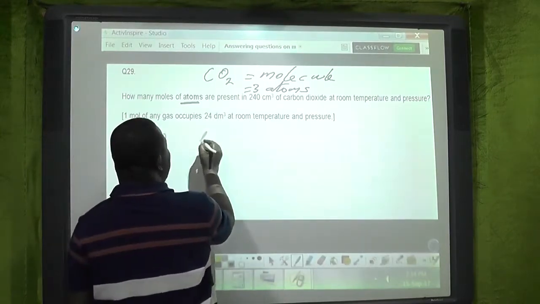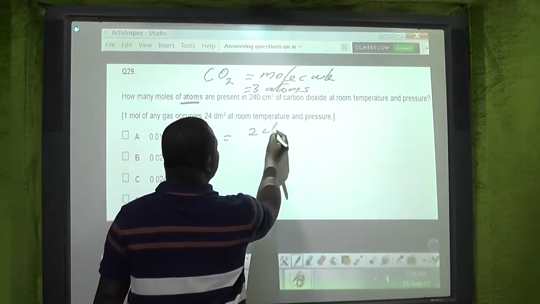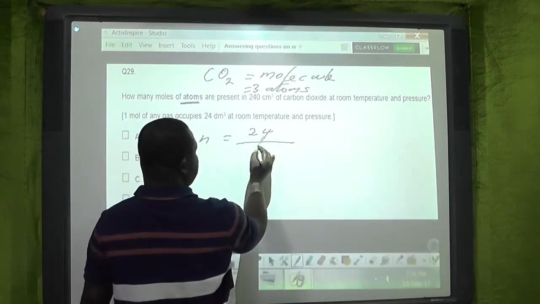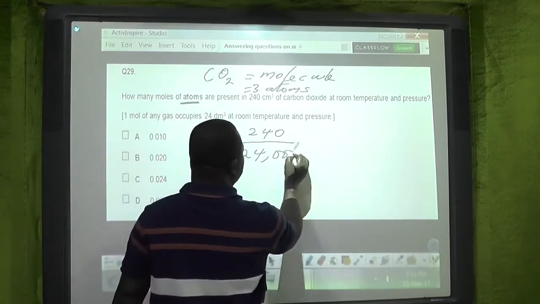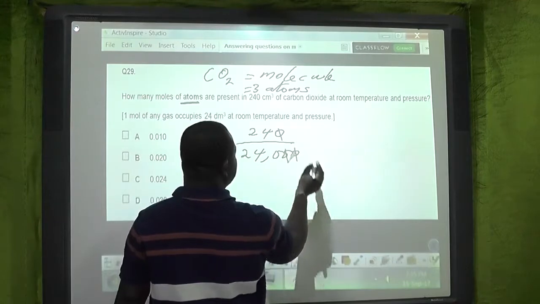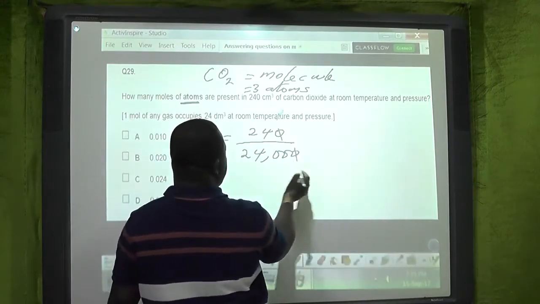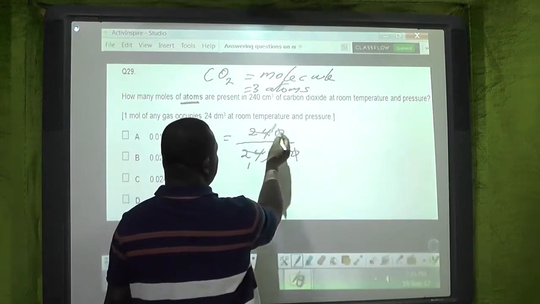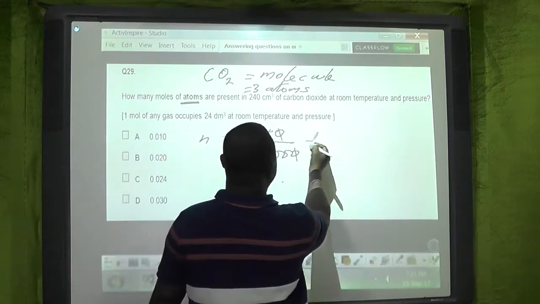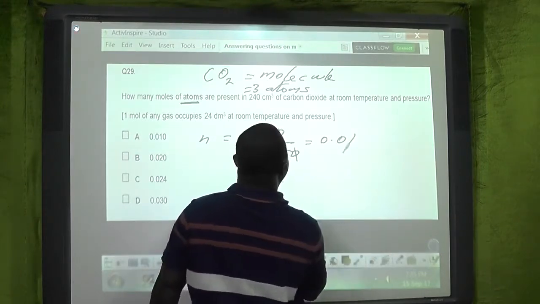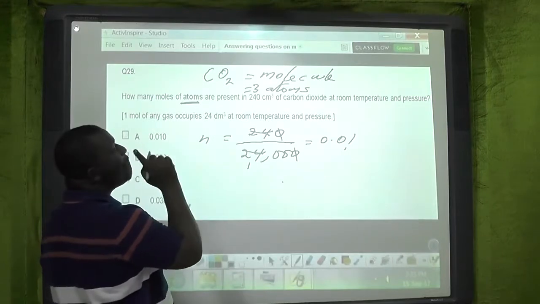So we know that n of carbon dioxide molecules equals 240 divided by 24,000. So 1 over 100 is 0.01. 0.01 is the number of moles of molecules.